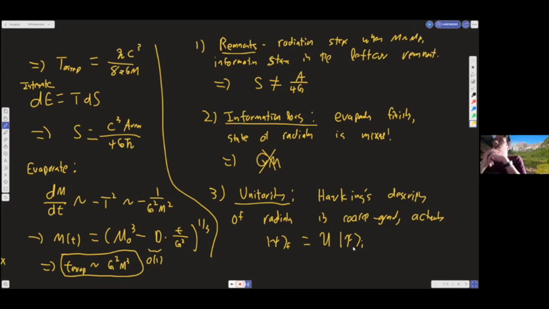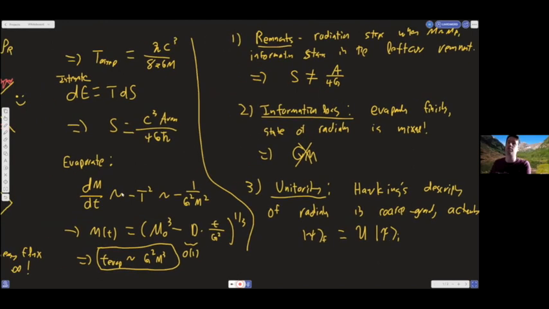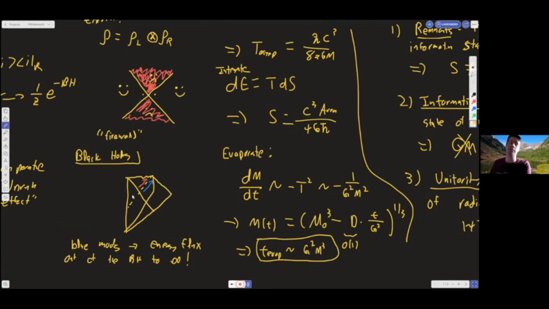So I complained about option 1, I complained about option 2, so you might think therefore option 3 is the right one, but actually option 3 is pretty problematic too. And the reason is because if you believe in option 3, then you have to think that Hawking's calculation is wrong, as we discussed last time, right? And why is it wrong? It looks good to me, right? I mean, there's weak curvature at the horizon, there's no reason why when you collapse this shell that it should lead to anything funny at the horizon.